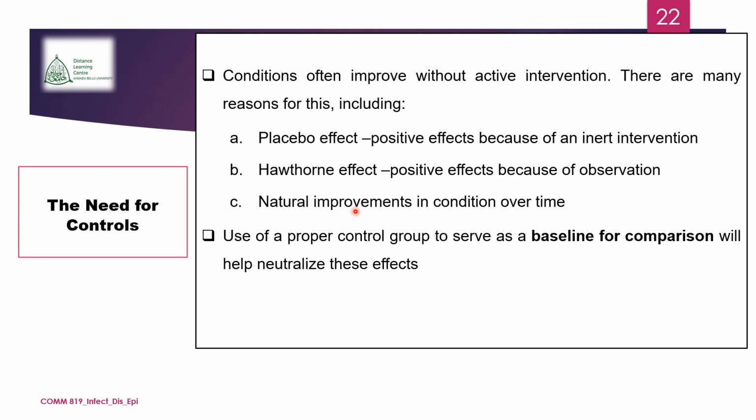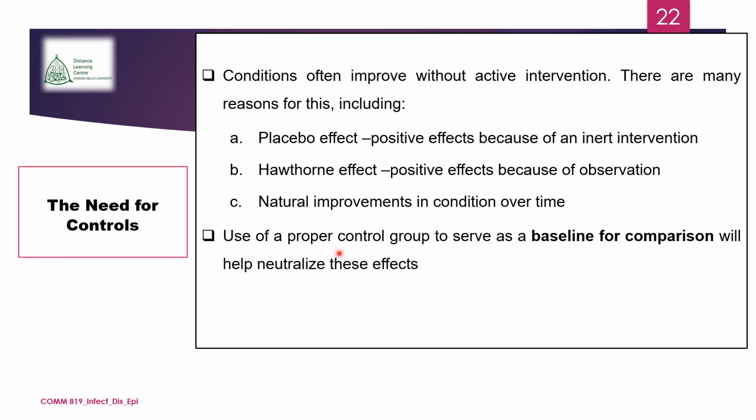Without any intervention, the person will bounce back to normal. Okay, so sometimes you won't be able to actually tell whether it is the intervention that actually made the person heal or just the natural occurrence. So that's why you need to have a control to always compare your result.